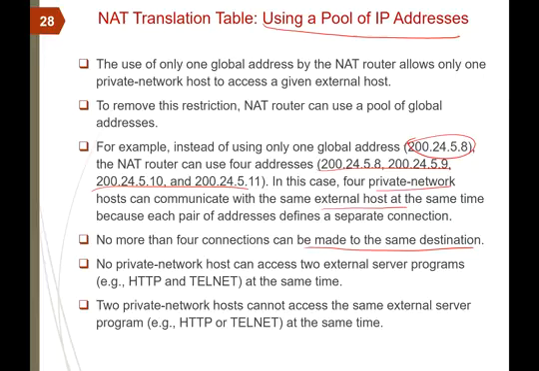The disadvantage here still is that no two private network hosts can access two external server programs, like, for example, HTTP or Telnet, at the same time. Two private network hosts cannot access the same external server program at the same time.